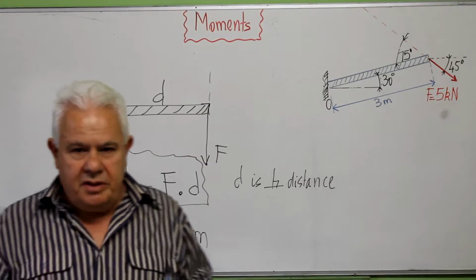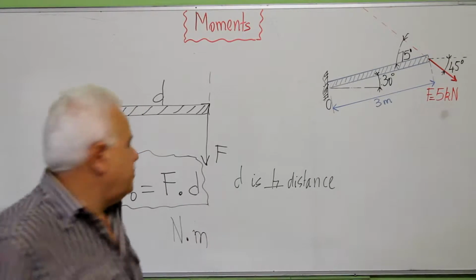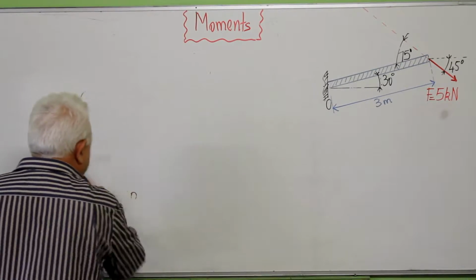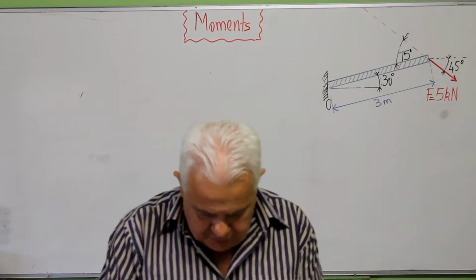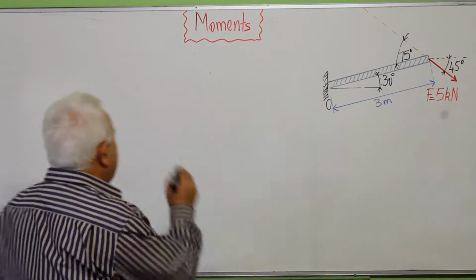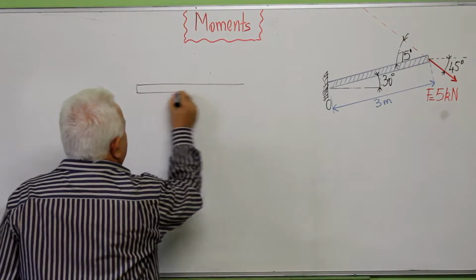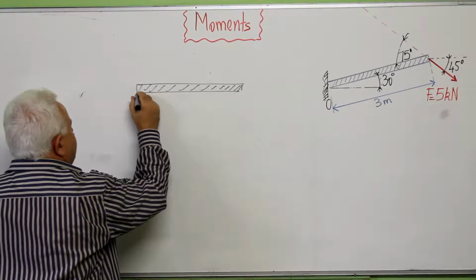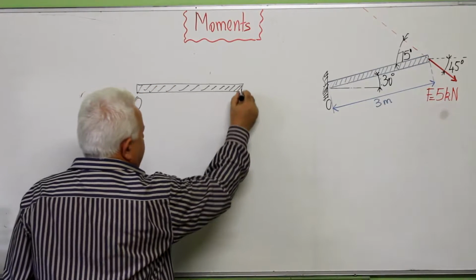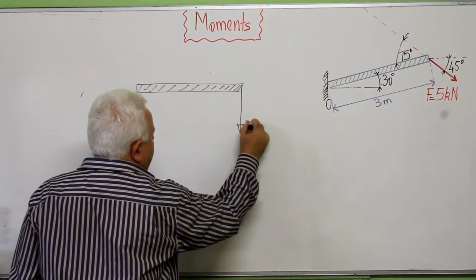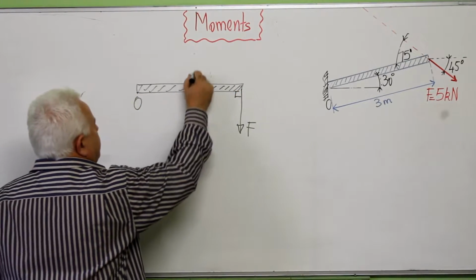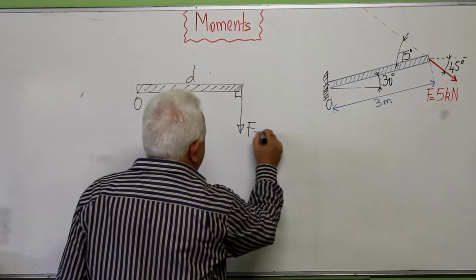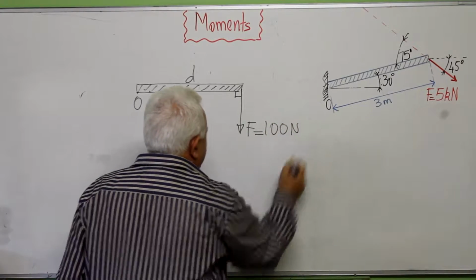Now I will give three simple examples on how to calculate a moment. Let's take this first example. I've got, for example, a bar like this, with my point O here, and the force F is perpendicular to the bar, and for example F equals 100 newtons.